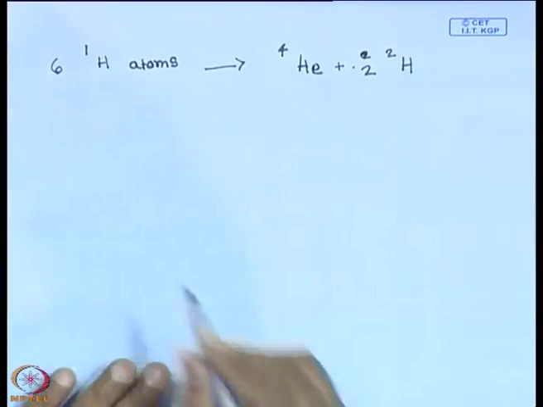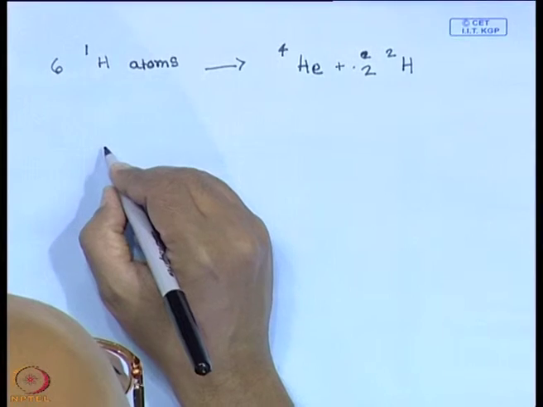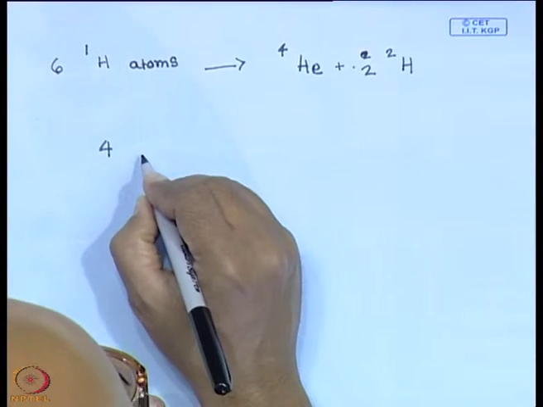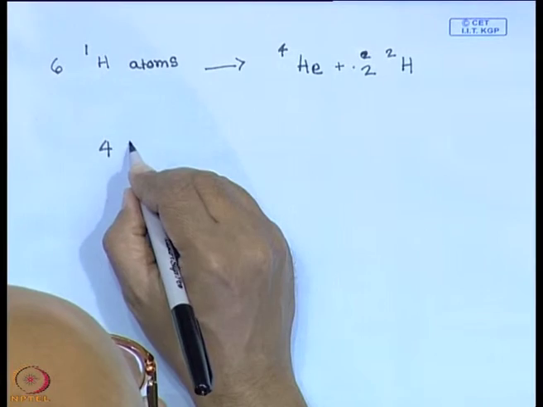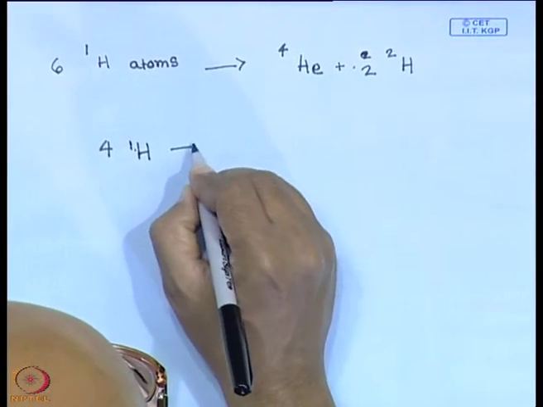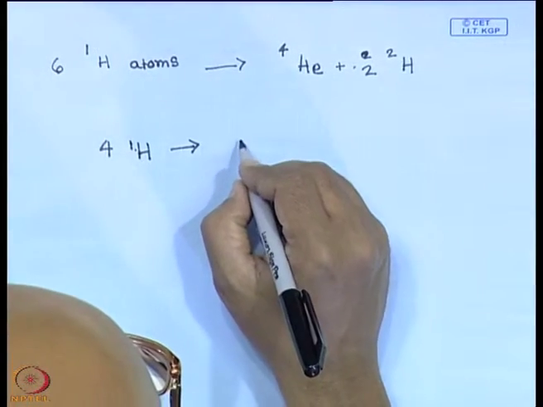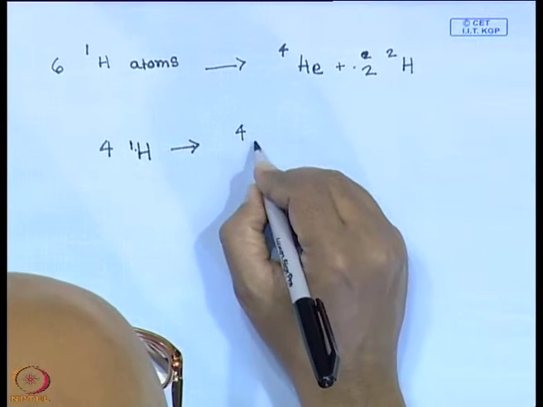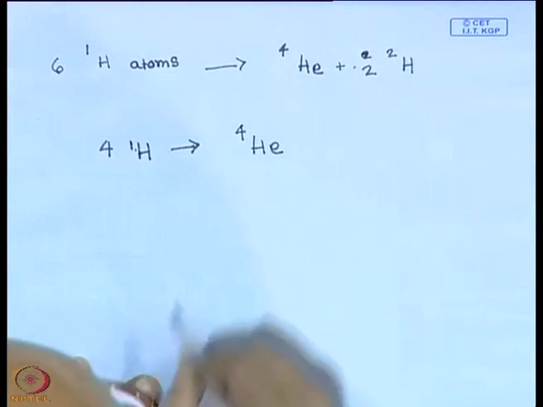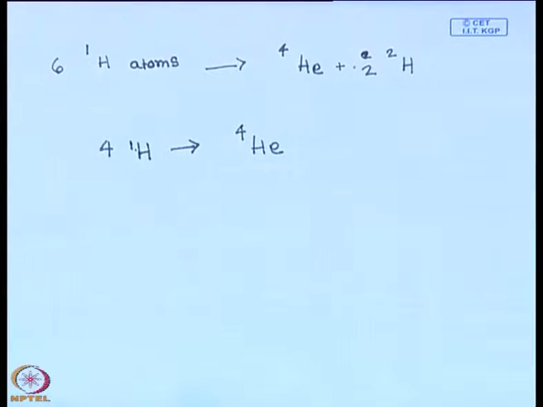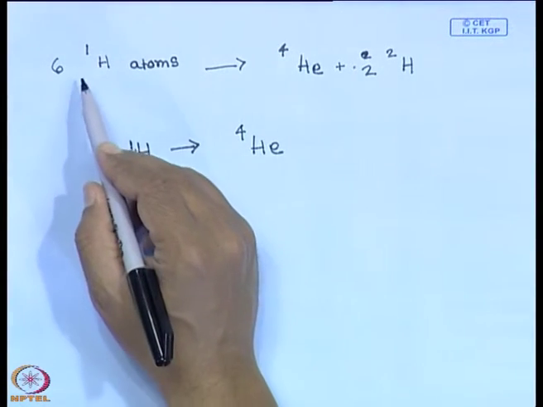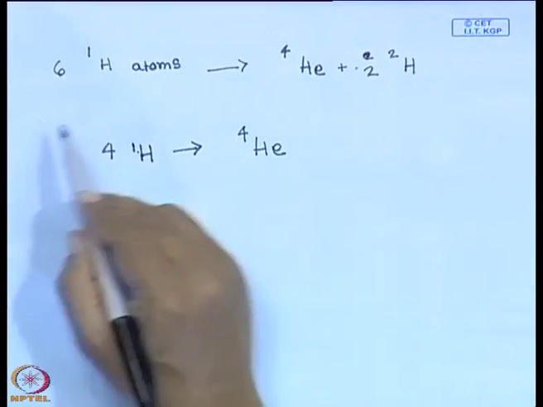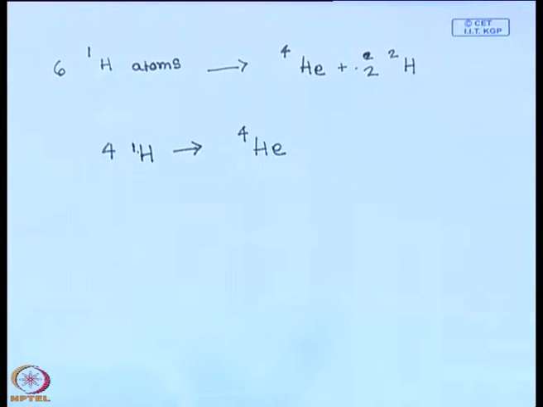If you really want to think of the overall effect, 4 protons, or 4 hydrogen atoms, get converted into 1 helium 4. That is what happens. 4 protons get converted into 1 helium 4. The 2 hydrogen atoms here and here, you can just forget about them. Okay, they are just intermediate.